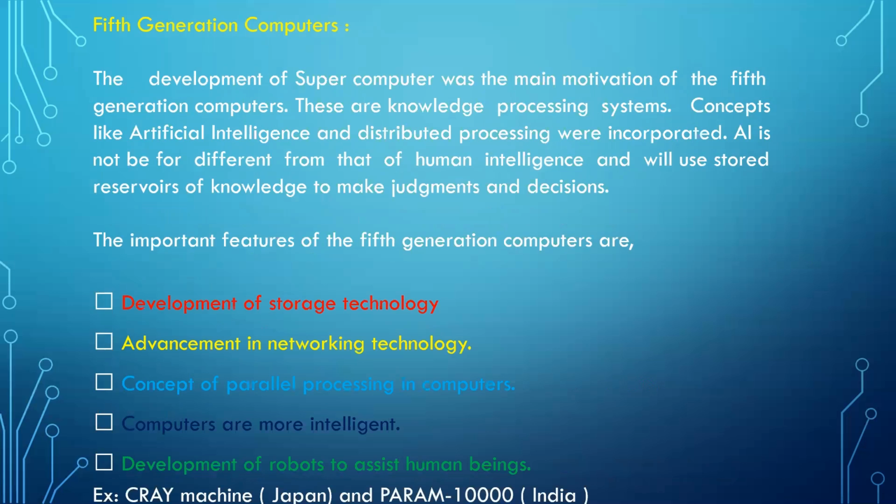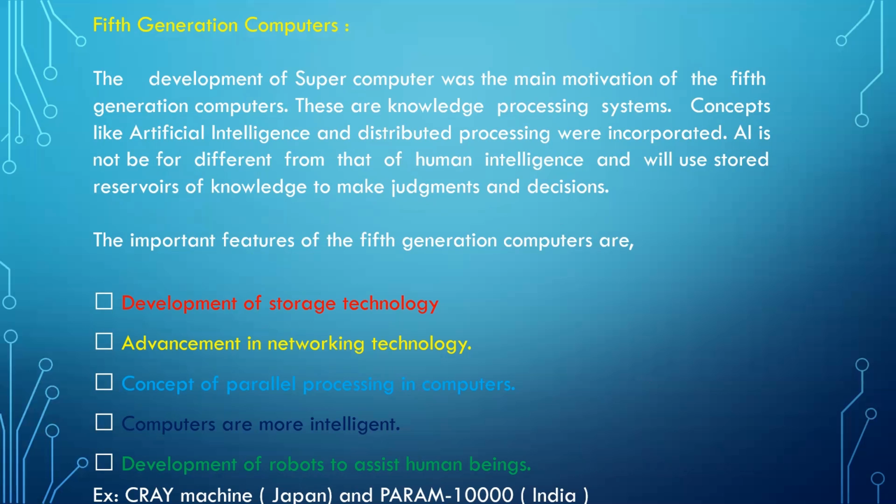And in the fifth generation, the development of supercomputers was the motivation for the fifth generation computers, and the concepts of artificial intelligence and distributed data processing were used in this.